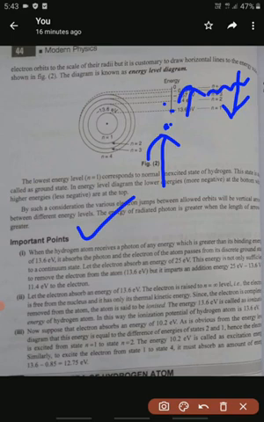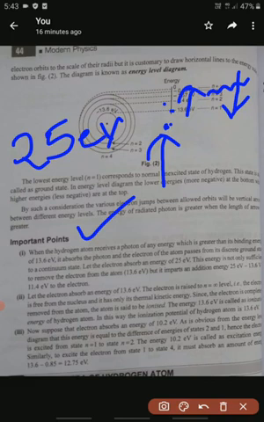Some points are very important. First point, if we apply some photonic energy, for example 25 electron volts, to this hydrogen atom, 13.6 electron volt is what is needed for the electron to leave this atom.